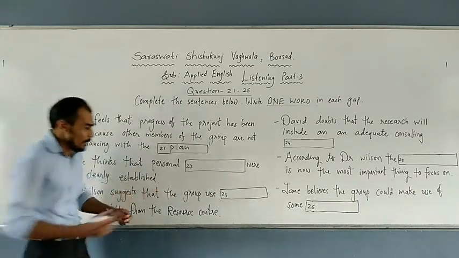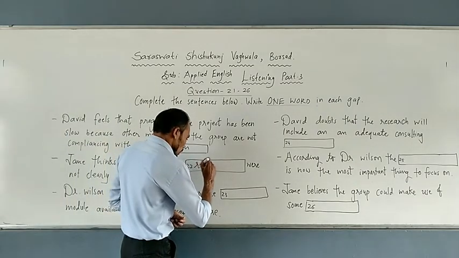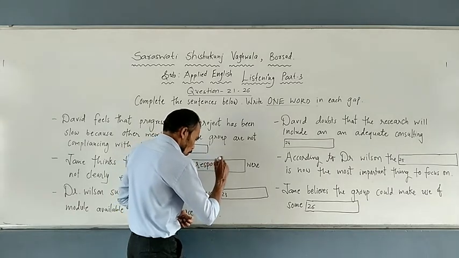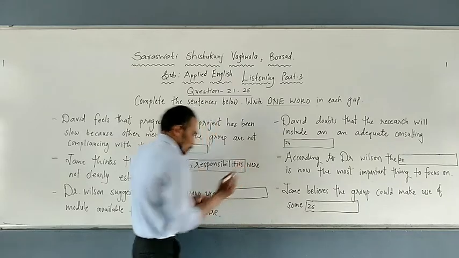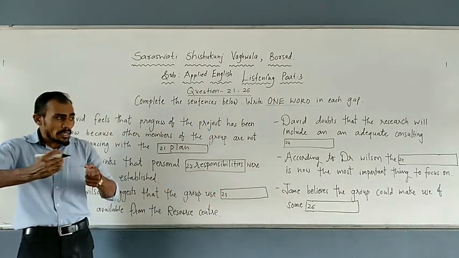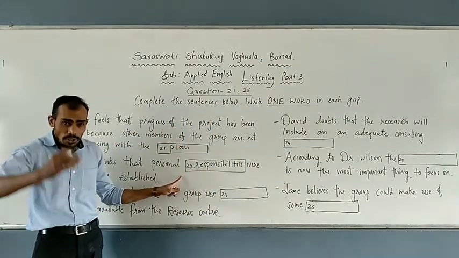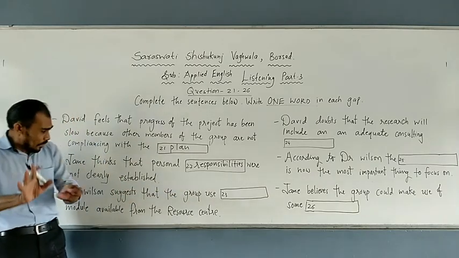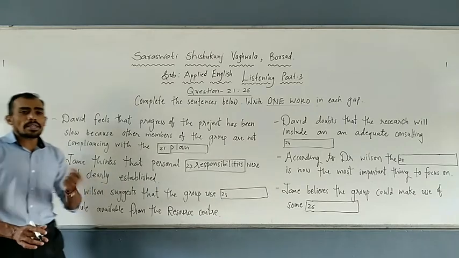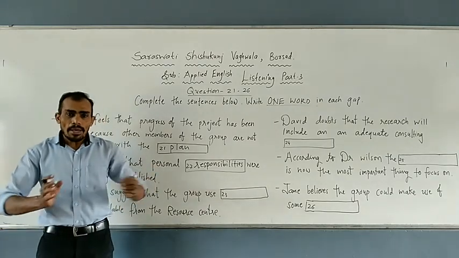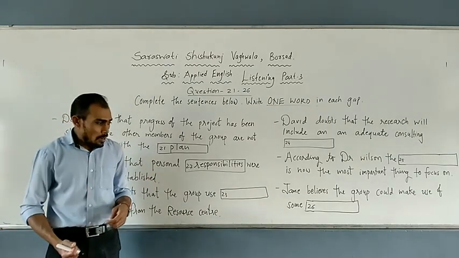Responsibility. The answer is responsibility, students. Personal responsibilities were not given. Jen thinks that personal responsibilities were not clearly established. It was not proper. Hence, they were facing a lot of problems.